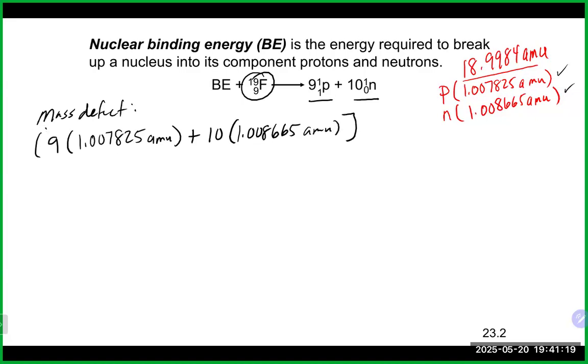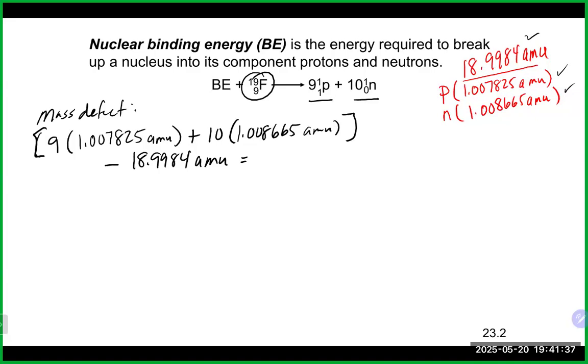Then we subtract that from the atomic mass of the isotope itself, which is 18.9984 AMU.